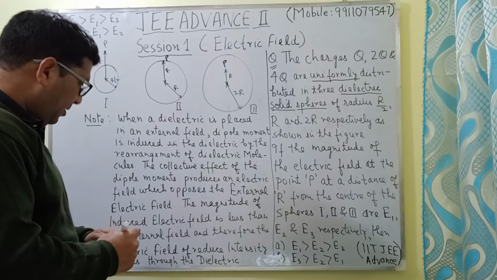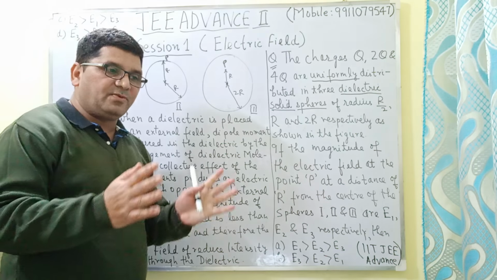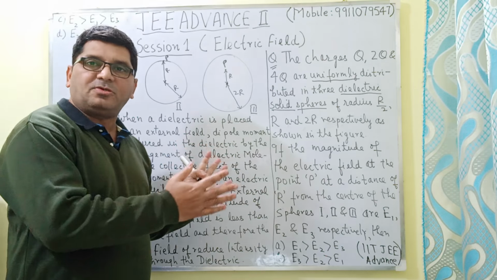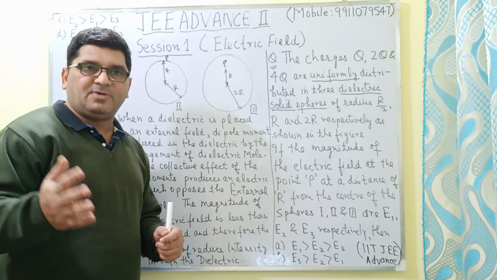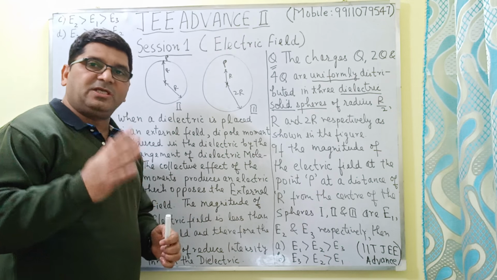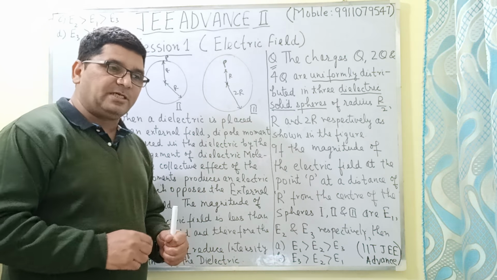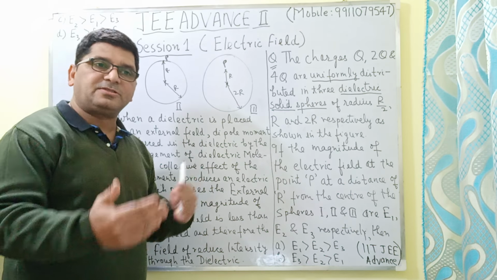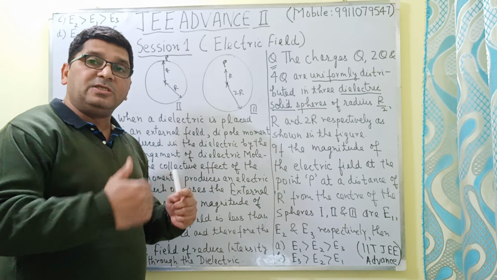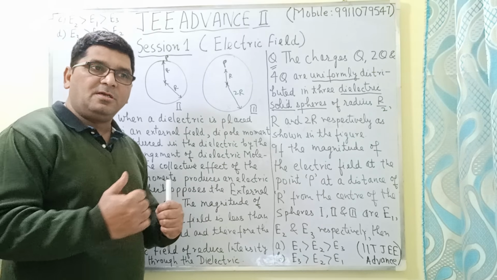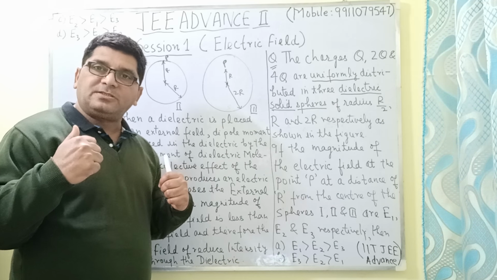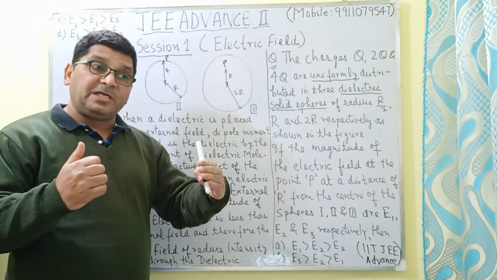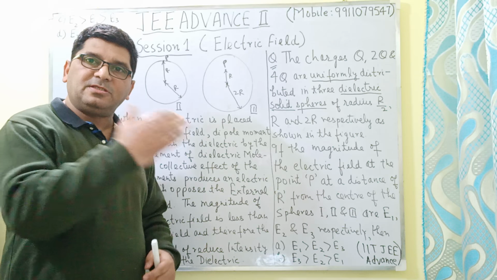Now in the case of a conductor, the conductor has free charge carriers, that is, it has electrons and positive ions. In the presence of the external electric field, these free charge carriers rearrange themselves in such a way that the induced electric field inside the conductor opposes the external field, and in this case the induced electric field completely cancels out the external field.